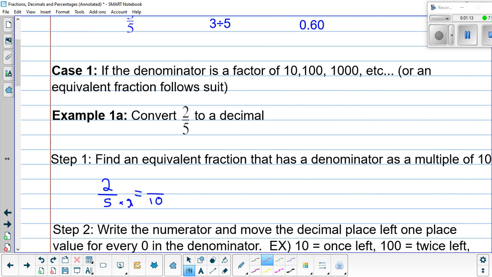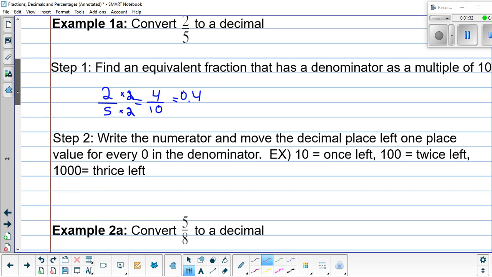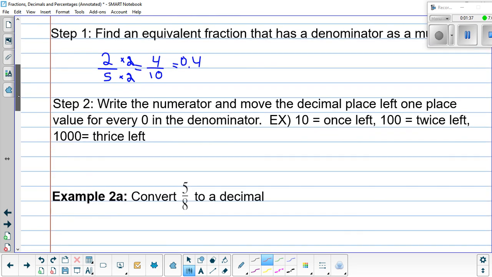So if we times the bottom by 2, we times the top by 2. We're going to find then that is 4 over 10, which we know as 0.4. So that was our step 2, just the movement of the decimal place.